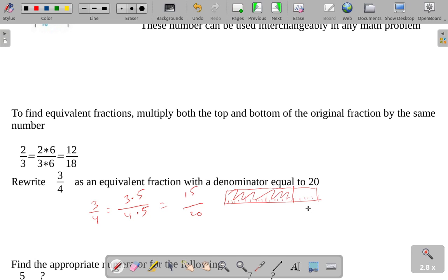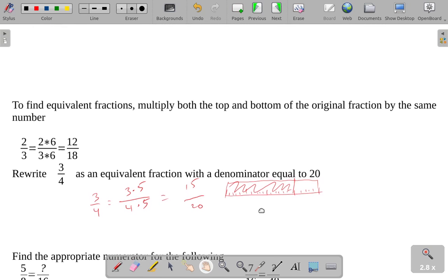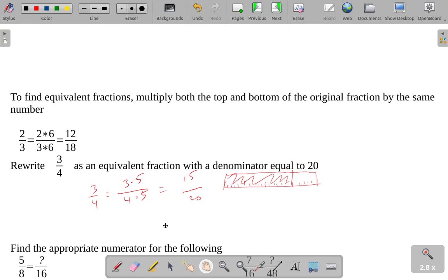So that's one way to think of why I'm able to multiply both the top and the bottom of the fraction. And equivalently, I can divide both the top and the bottom of a fraction by whatever number, and it gives me something equivalent. So if I had 12 over 20, and each of these numbers is divisible by 2, and I'd like to deal with smaller numbers, I could do 12 divided by 2 and 20 divided by 2 to give me 6 over 10. Well, I could go even further.